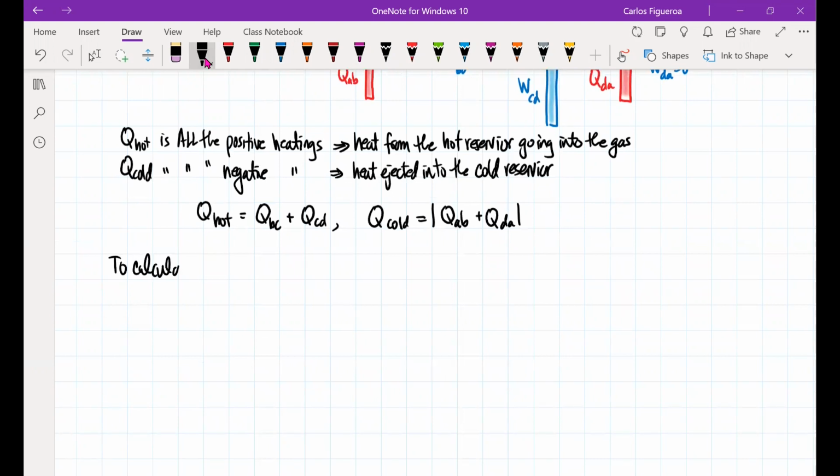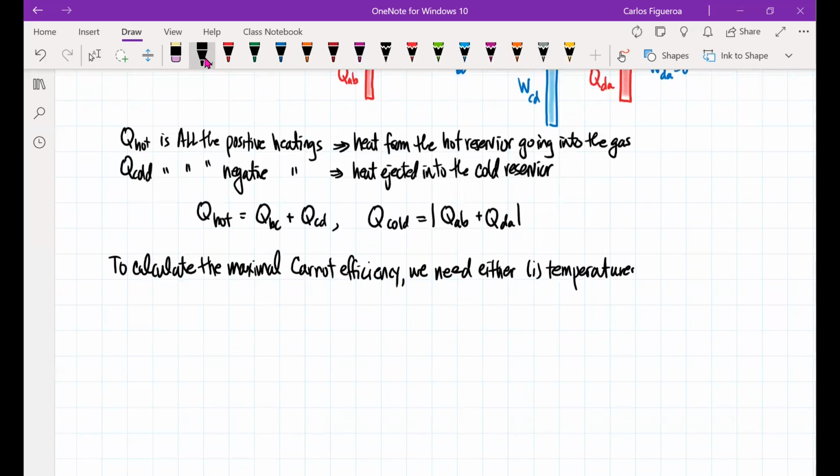To calculate the maximal Carnot efficiency, as well as the thermal efficiency, we need either temperatures, and in this case, it would be the temperature of A, which we know, which is 300 K, and then we need the temperature of C, which is the same as the temperature of D, which we do not know, or we need all the pressures and the volumes.